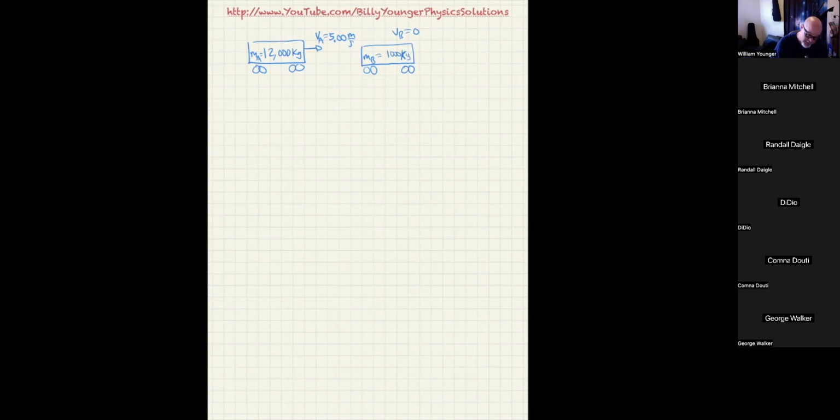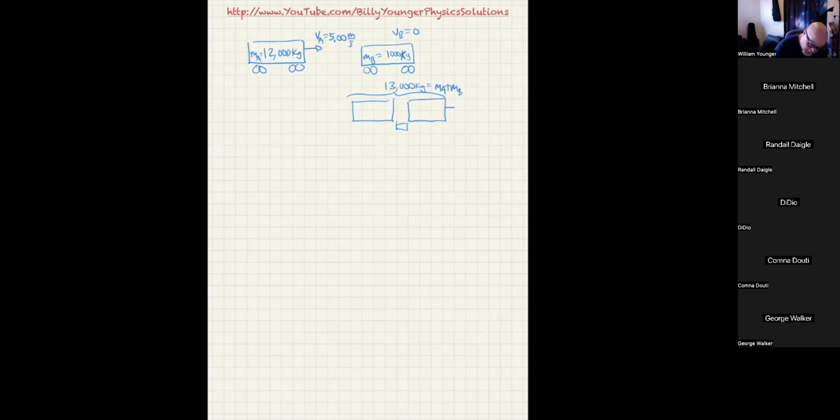Okay. Now they are going to collide and stick together. So they act as if it's one big object whose mass is 13,000 kilograms, which we know is actually MA plus MB.